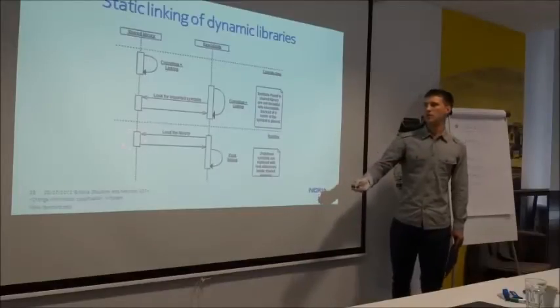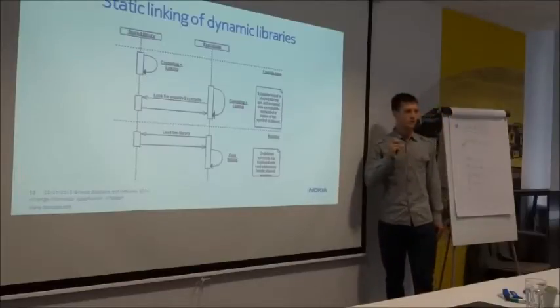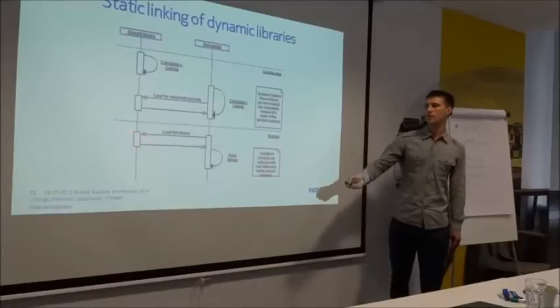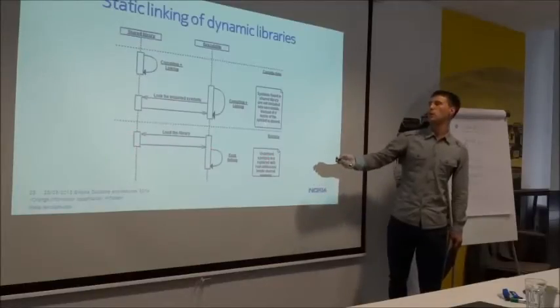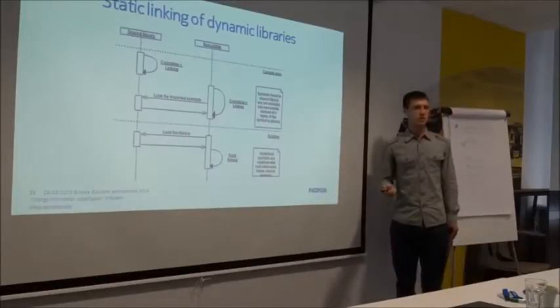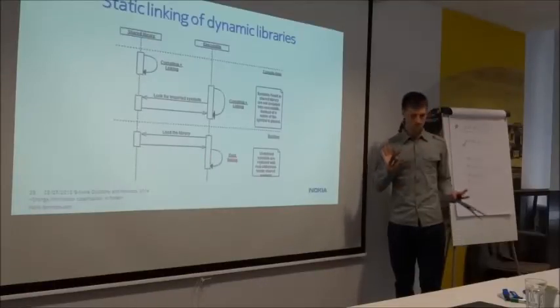When the shared library is loaded into memory, now we know the real, physical addresses of each symbol within this shared library that we want to use in our executable. Now we can put the real addresses in our code in the executable. Is this clear? Okay, I hope so.